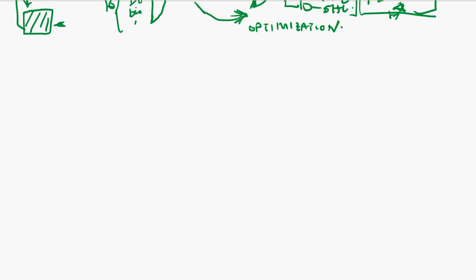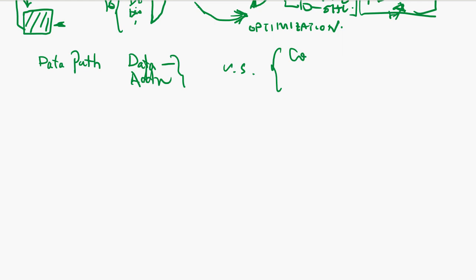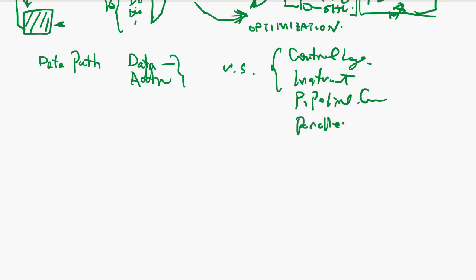Now when it comes to the data path, okay, the data path is where the data and address flow, versus control logic, like instruction, pipeline control, parallel calculation coordination.